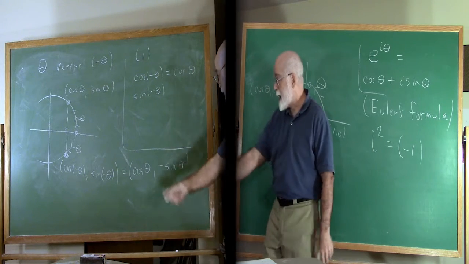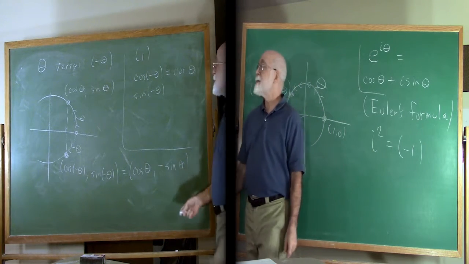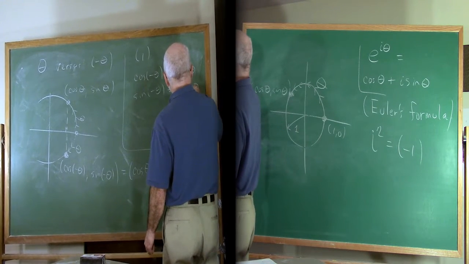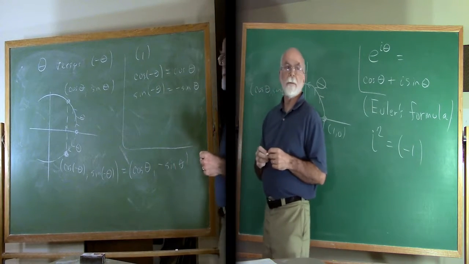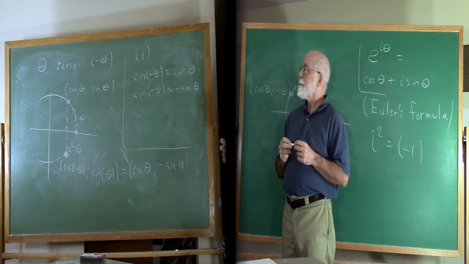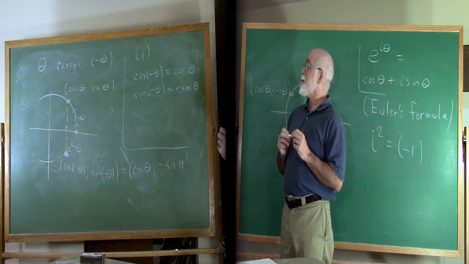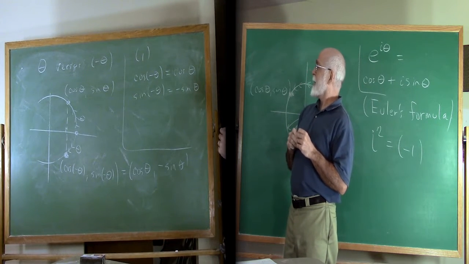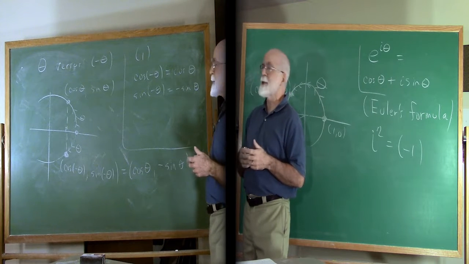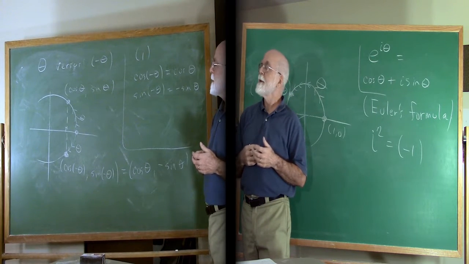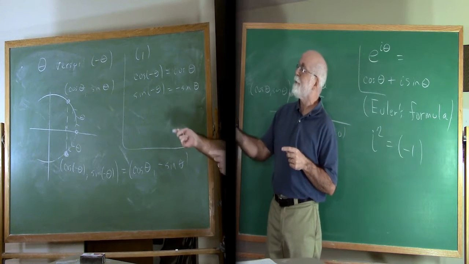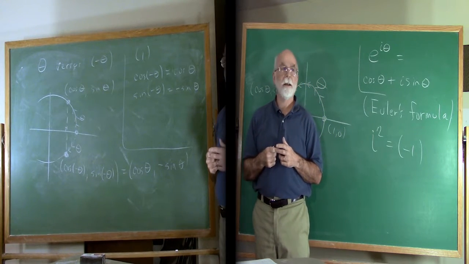The sine of negative theta comes out to be negative sine theta. That's a proof by picture. You're actually deducing these cosine and sine formulas. No one has to tell you. You can figure them out yourself by drawing this picture.